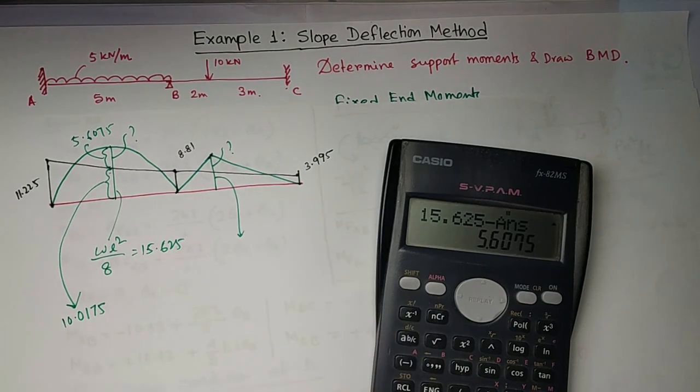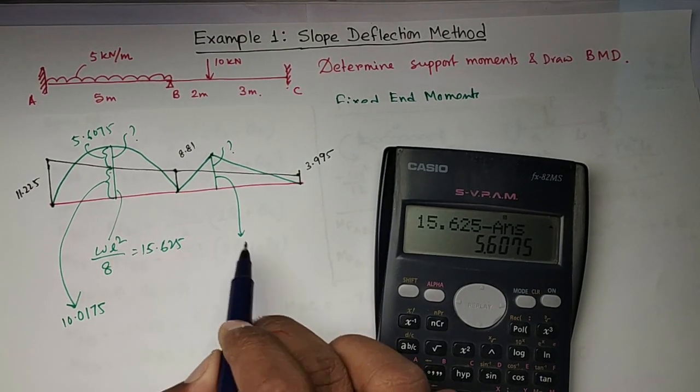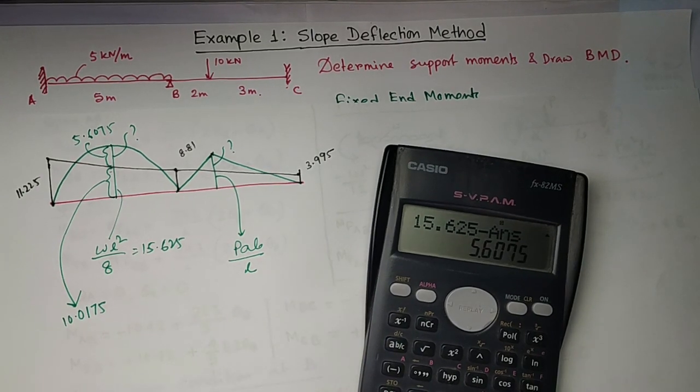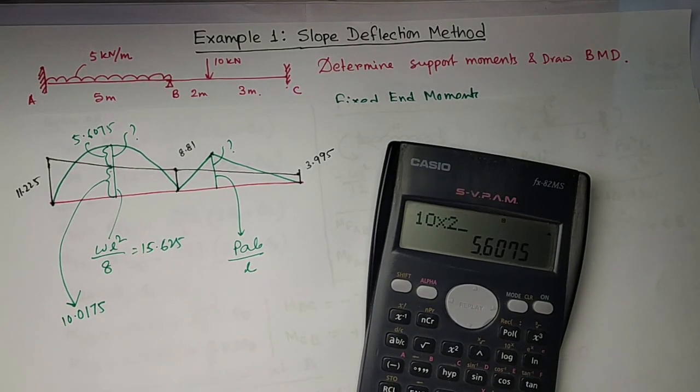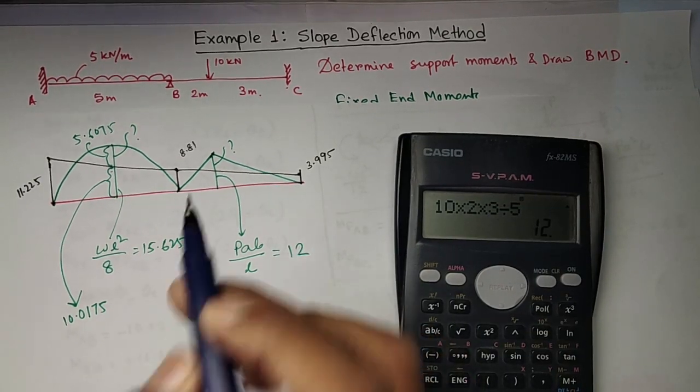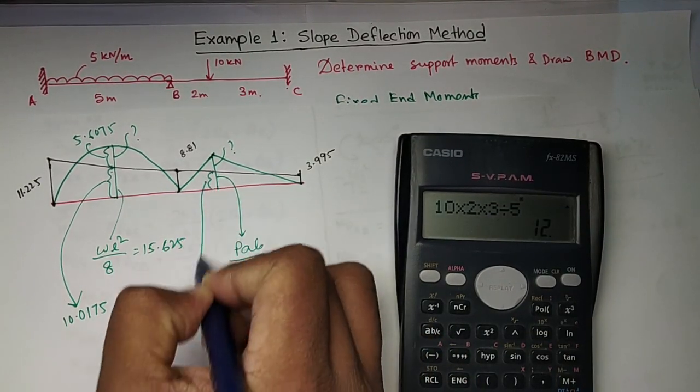Now this ordinate will be PAB by L, which is 10 into 2 into 3 by 5, which is 12, and calculate this ordinate.